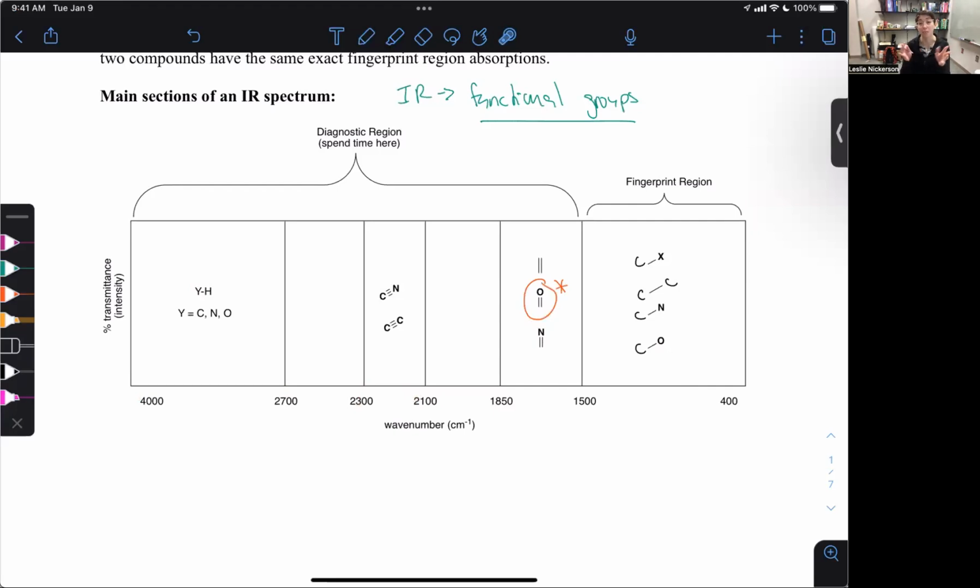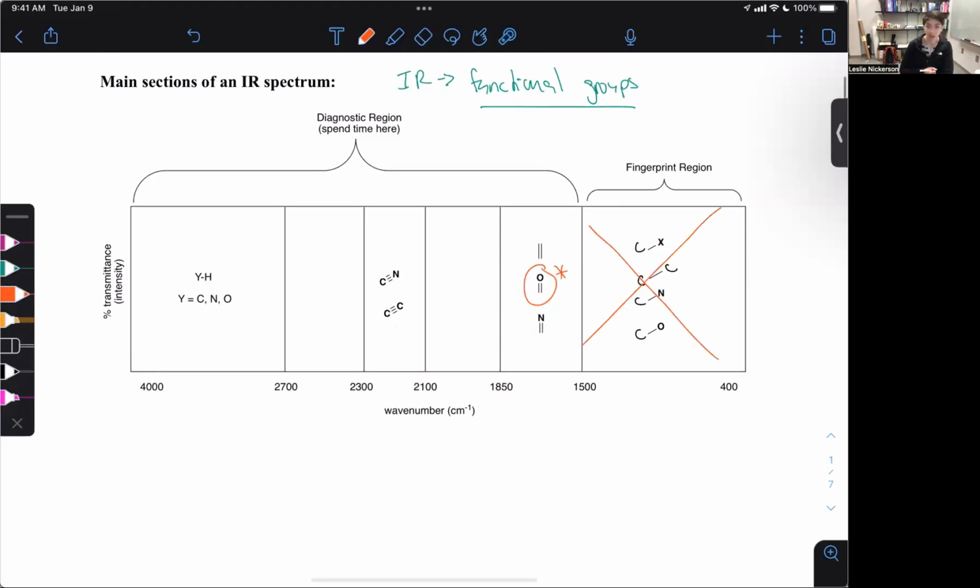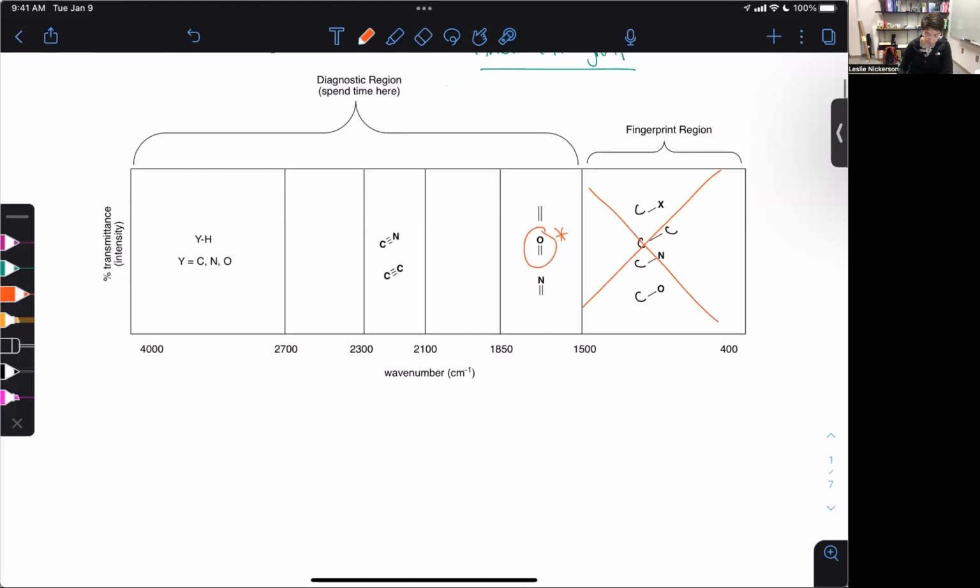So I just don't look here. We don't need to go into that zone. We can get information more clearly from other techniques that don't involve guesses, with a lot more certainty. So that's the sections of the IR I look at.